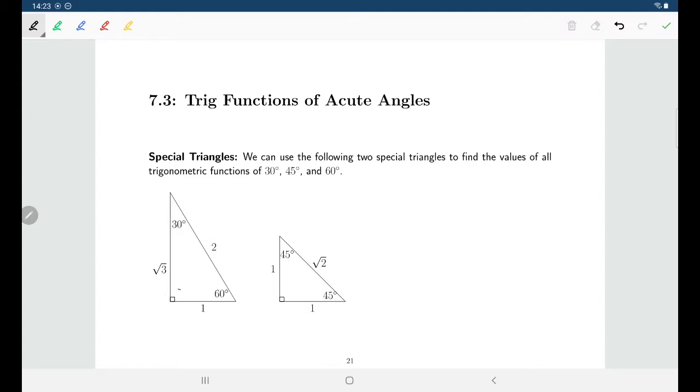And whatever the largest angle is, the largest side length is opposite it. And the middle side length, root of 3, is about 1.7 approximately. That's opposite the other angle. So that's how I remember which side is the 1, which side is the 2, and which side is the root of 3. But any way you do it, these are the two triangles we'll be using to evaluate our trig functions.